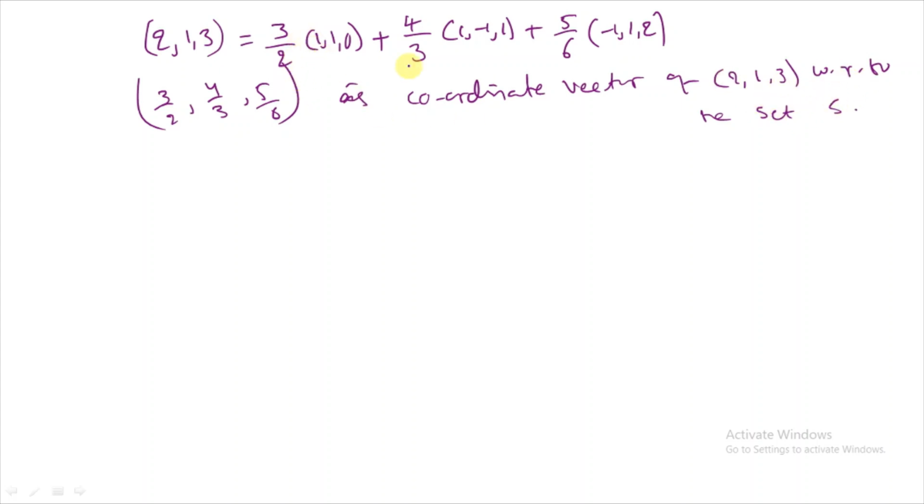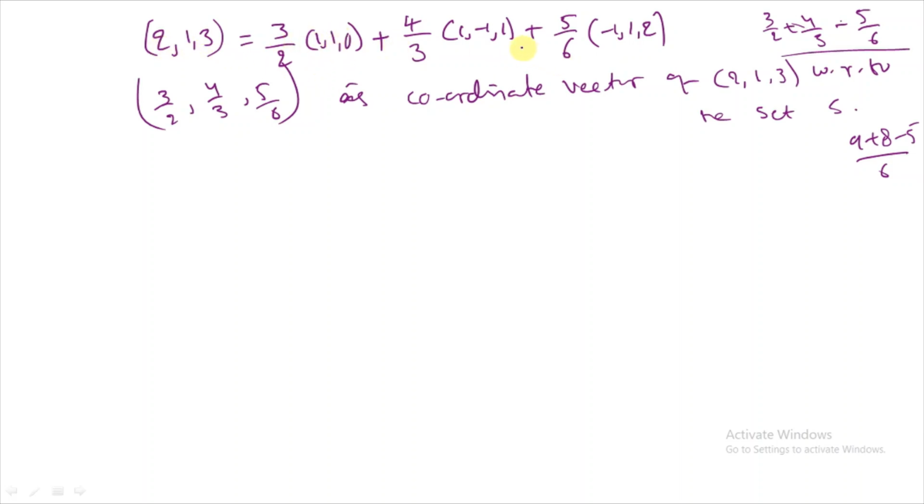So now you can check, if any doubt: 3 by 2 plus 4 by 3 plus minus 5 by 6. Now we can take this, the LCM is 6: 9 plus 8 minus 5. 9 plus 8 is 17, minus 5 is 12. 12 by 6 is 2.